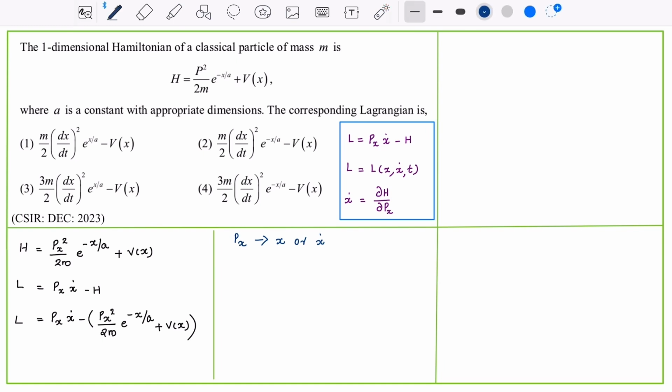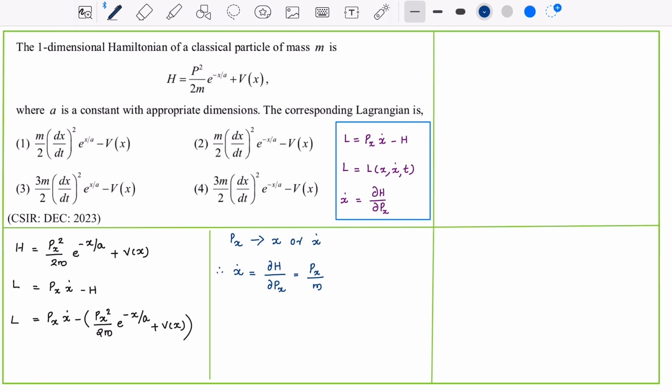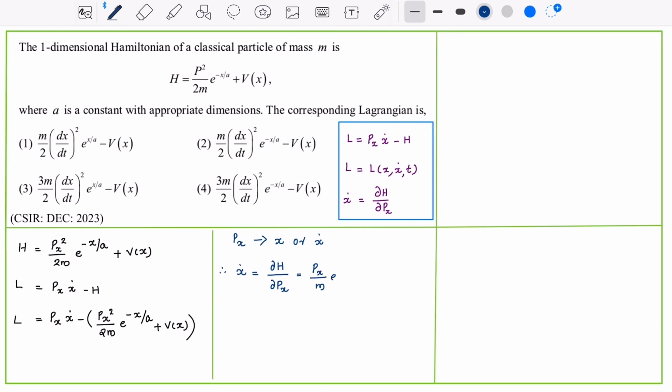Therefore, if you take the derivative, you will get x dot is equal to p_x by m e raised to minus x by a.